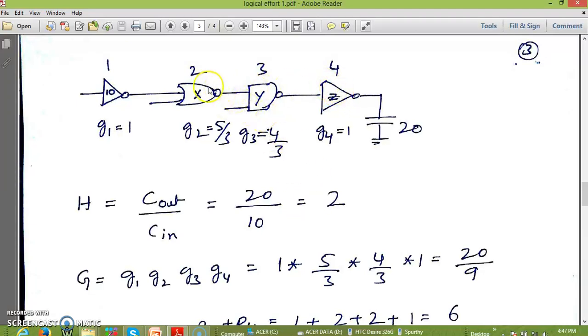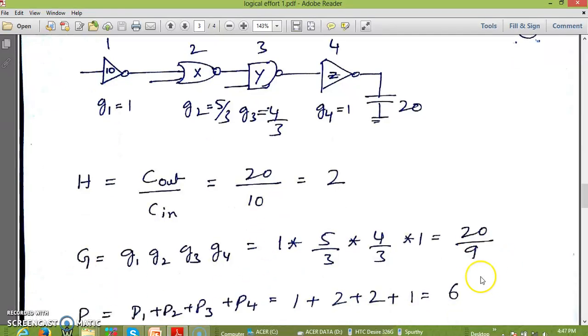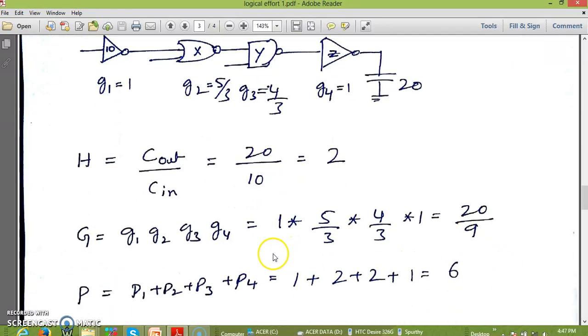We know that for the inverter, the logical effort is 1, so wherever G1 is there, it is 1, and for G4 it's again 1. Whereas for the 2-input NOR gate, the logical effort is 5 by 3, and for the NAND gate, it is 4 by 3. So overall G, the path logical effort, is given by 20 divided by 9, the product of all the G's.